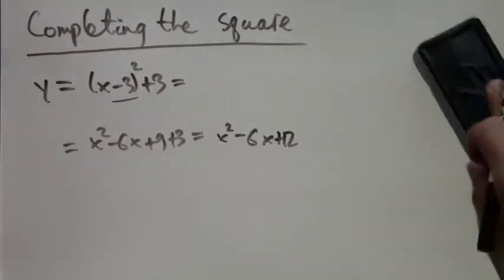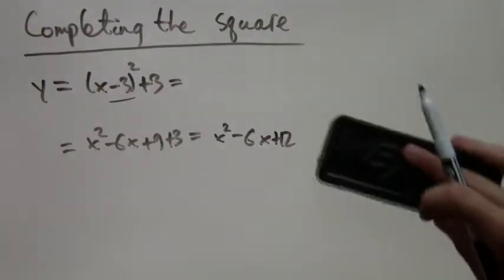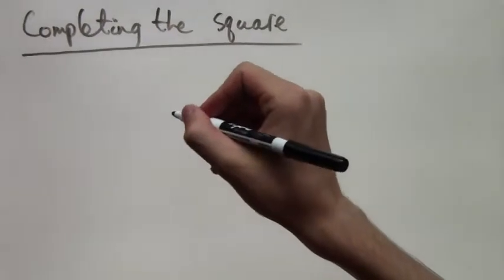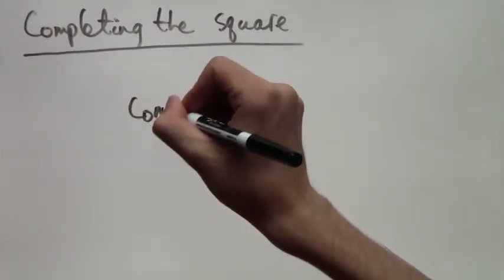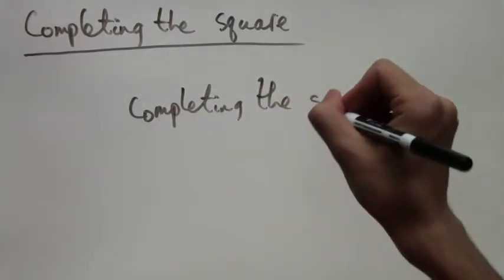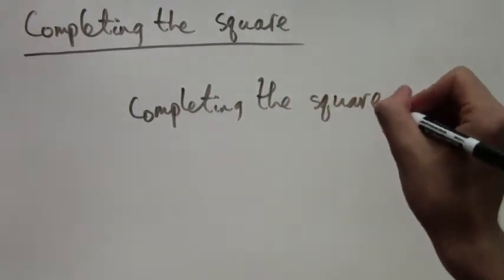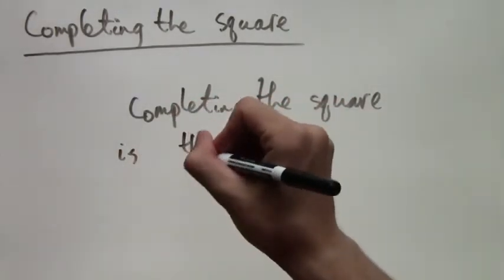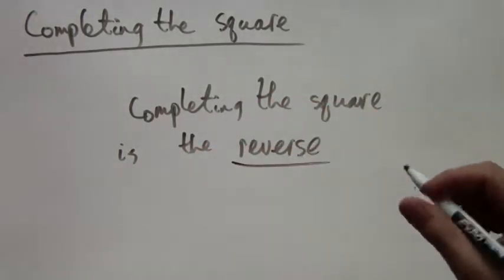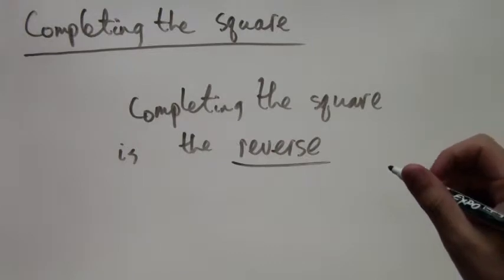Completing the square is kind of the reverse. You start with the standard form, and you end up with the vertex form. So again, completing the square is the reverse of what we just did. So let me show in an example how to complete the square.